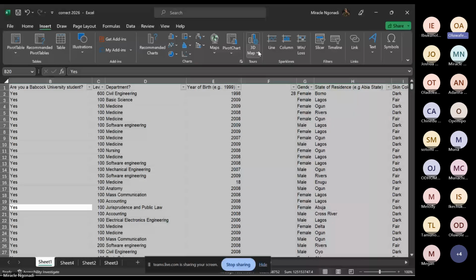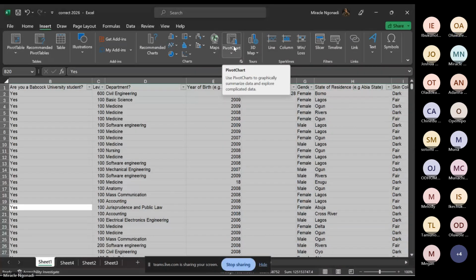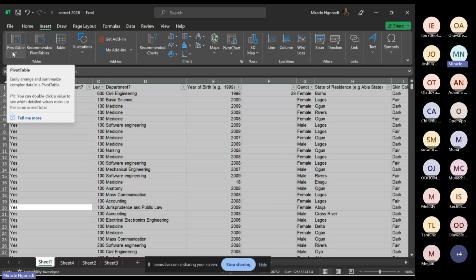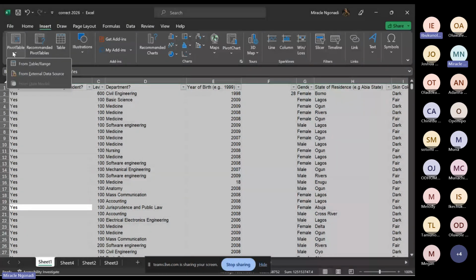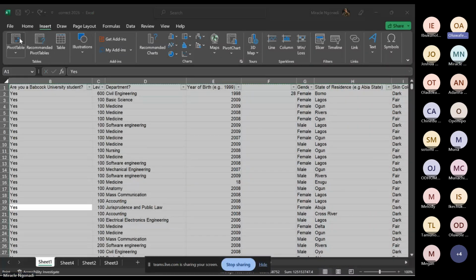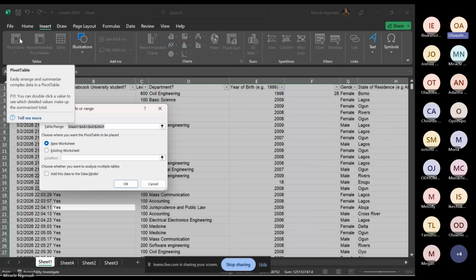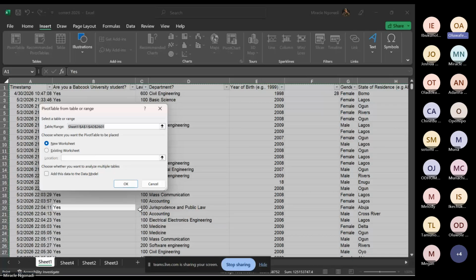So you are going to see pivot table, at your left-hand side. So I should just tap on it. Yes, tell it from range, from that table or range. Good. So now just click OK.